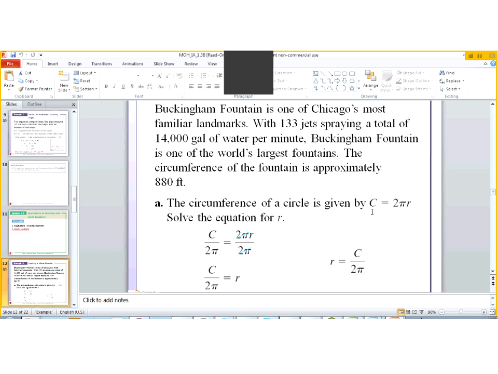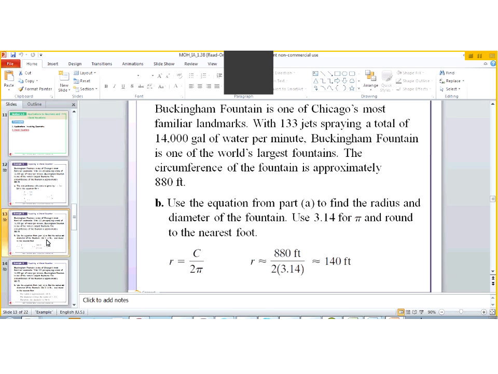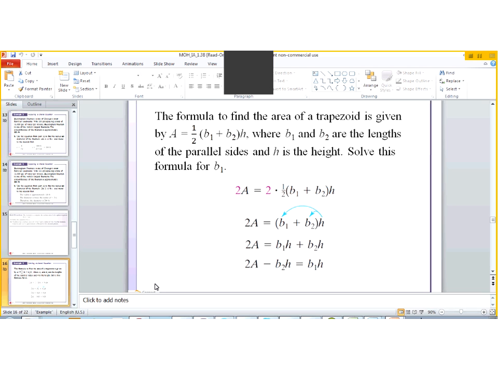So divide both sides here by 2 pi, and that's how you isolate r. So that's how you solve r in terms of the other variable. So r is equal to C over 2 pi. Any question on that? And then you plug the numbers in and you solve for them. This would be a classic example of formula solving one variable in terms of the other one.